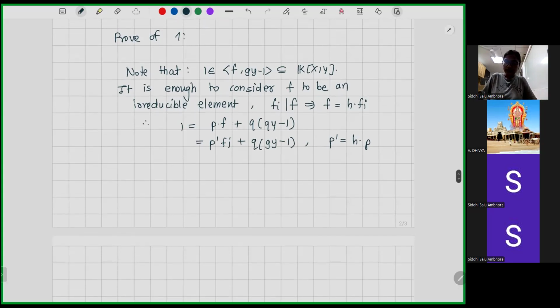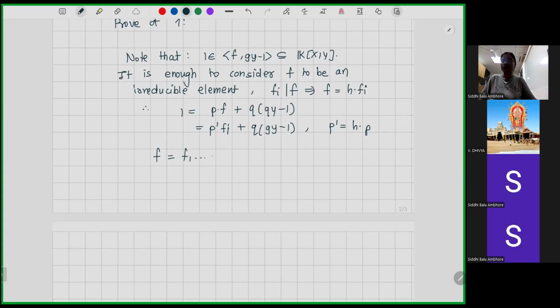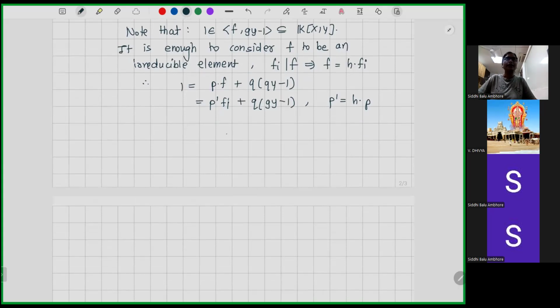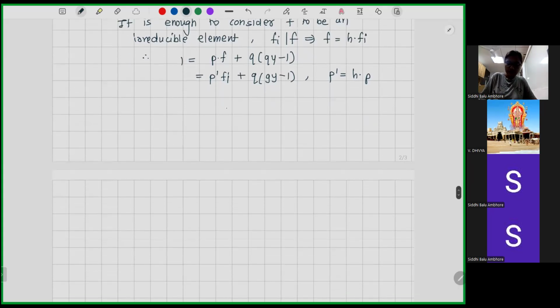I hope this is clear that, for example, if f is f1, f2, up to fm, instead of taking all this, we can merge them as a coefficient, which when we multiply with fi gives us this equation. So instead of taking f as a product of irreducibles, we can just work with f as an irreducible element itself. Okay, if you have any doubt, please ask. And so therefore we work with (f, gy minus 1), where f is an irreducible element.